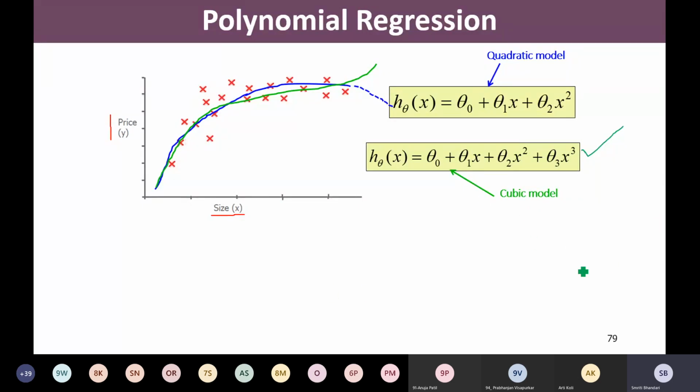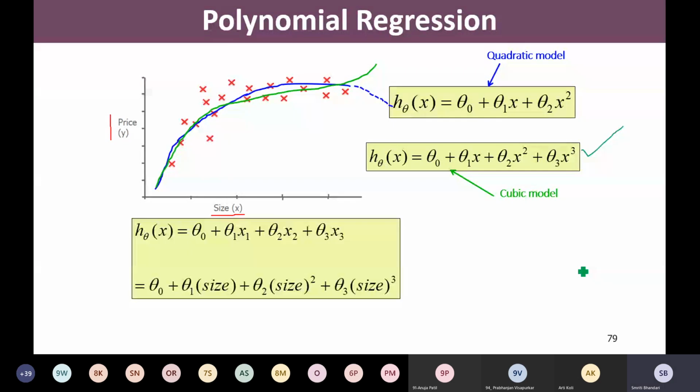Now, we are going to relate this cubic model with whatever knowledge that we have. We have gone through multiple linear regression, wherein we defined our hypothesis h theta x equal to theta 0 plus theta 1 x1 plus theta 2 x2 plus theta 3 x3 and so on.